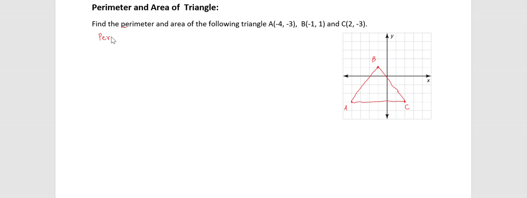The definition of perimeter is the total length surrounding a closed figure or a polygon.